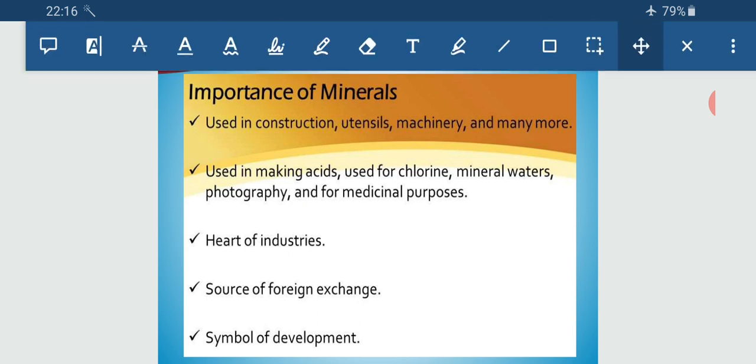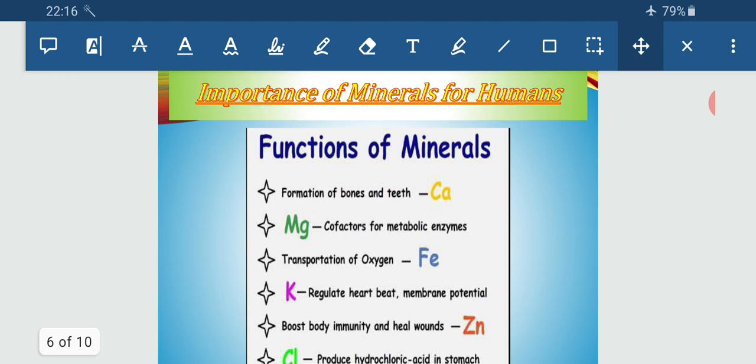Now just quickly look into the importance of minerals for humans. I am giving one fact: of the food stuff that we take for an entire day, 99% of the food stuff that we are taking, if there is no intake of 1% mineral within that, then your entire life cannot go on smoothly.